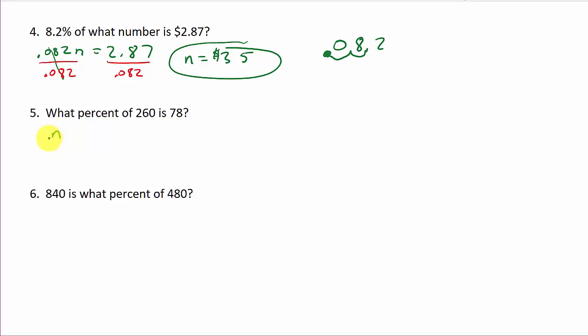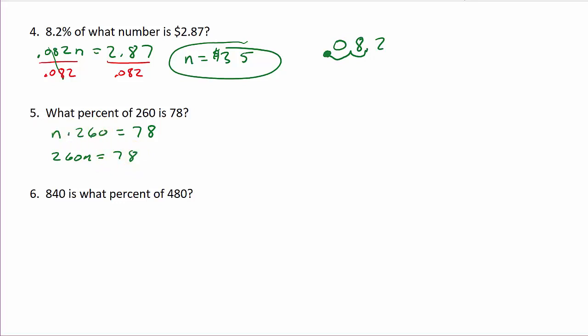You just got to pick a variable to use. Okay, so what percent? That's what they're wanting us to find. So that's our variable n of 260. So times 260 is 78. Okay, so let's just write this 260n equals 78. That's normally how you see it, with the coefficient written in front of the variable.